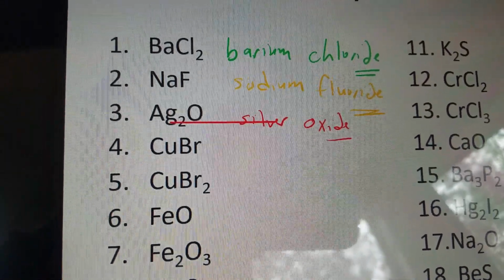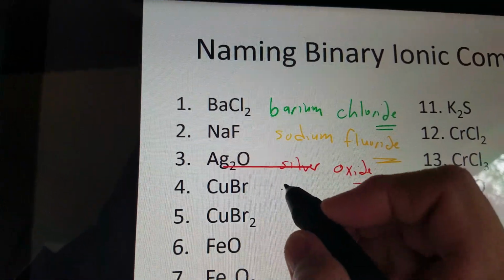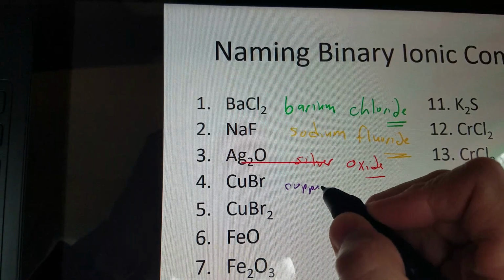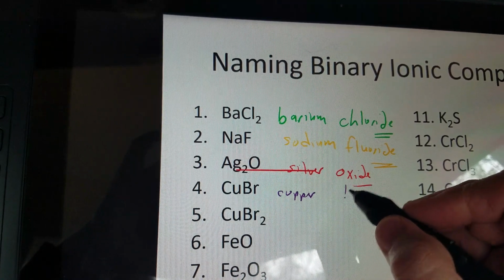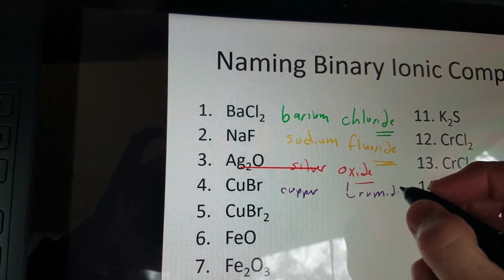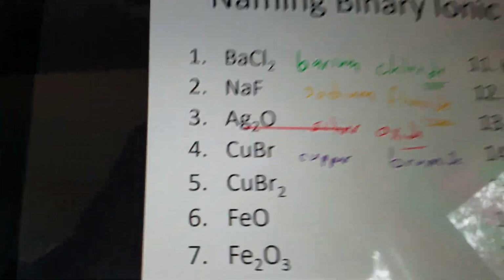Now let's look at 4 and 5. This is where it gets a little more challenging on these. If you name this one just like we've been looking at, Cu stands for copper. And Br would be bromine, but we take it off and we're going to have bromide. But what would number 5 be?